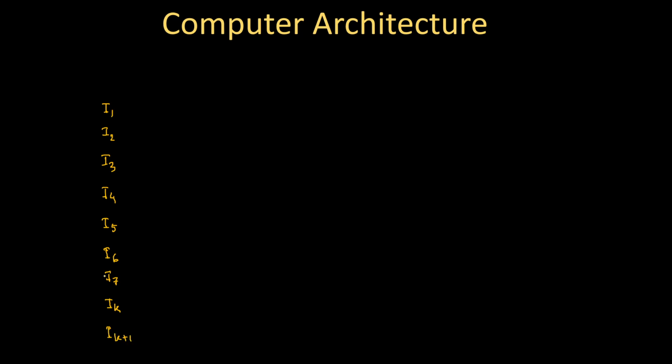The condition is that I5 is the branch instruction, and IK is the branch target.